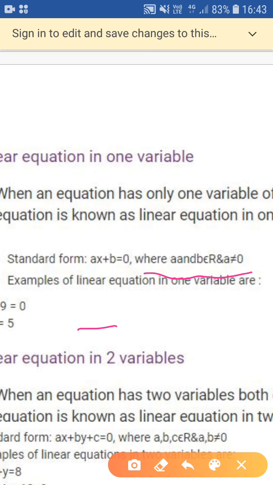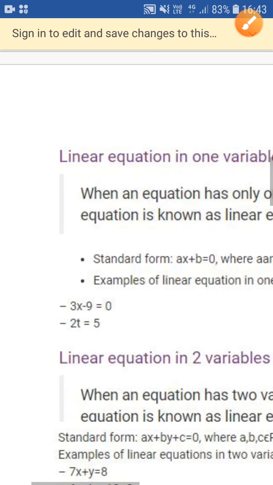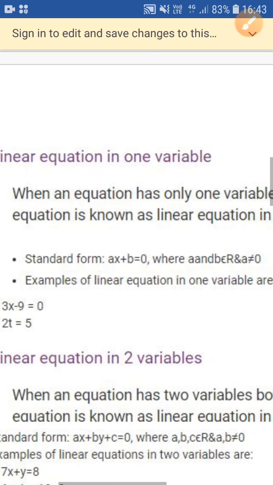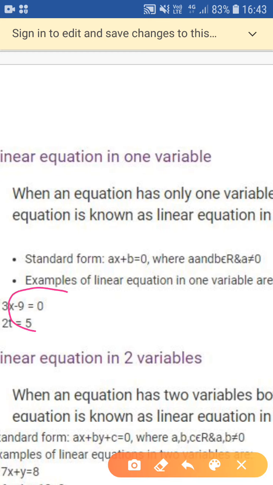Some examples are 3x minus 9 equals 0 or 2t equals 5. These are some examples of linear equation in one variable. And we know that there is only one solution when we transpose and collect the like terms.